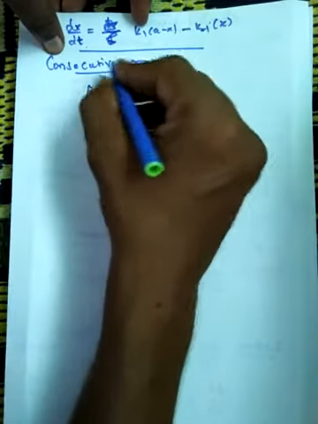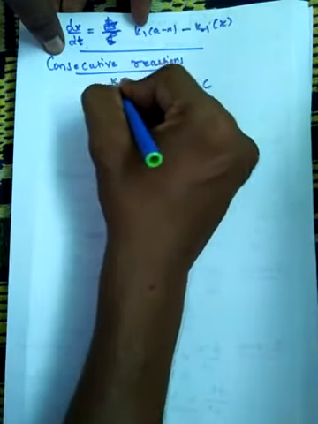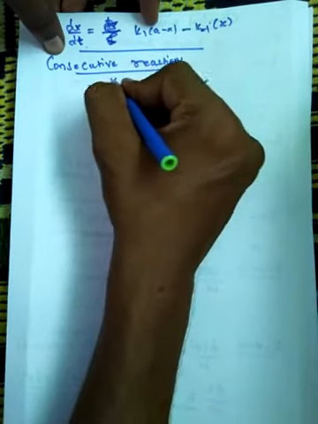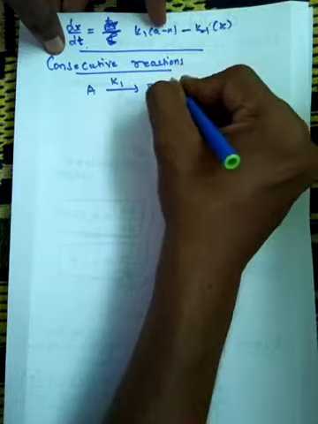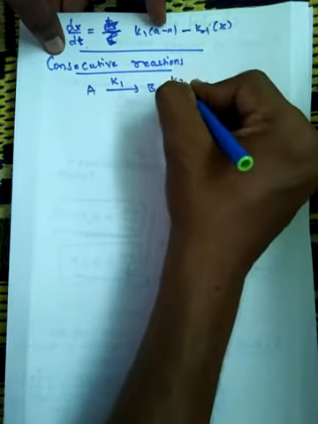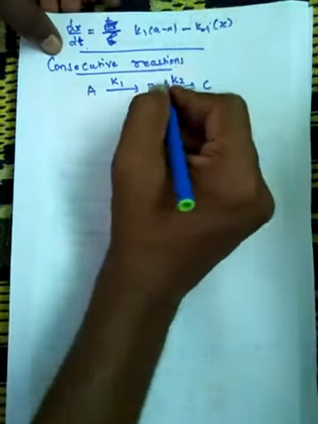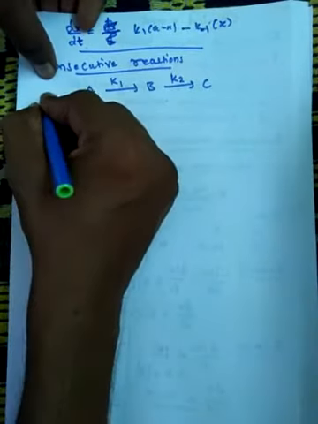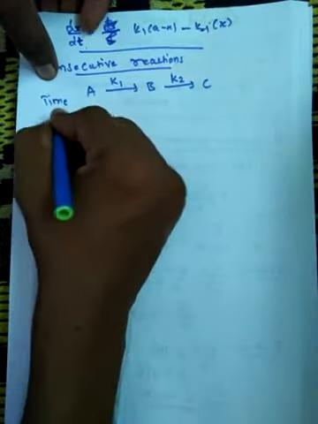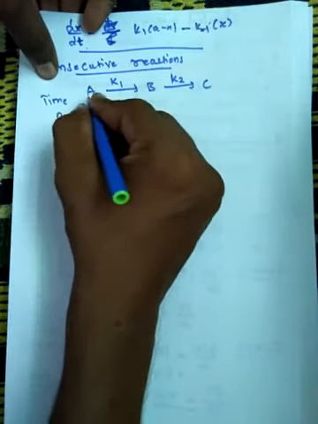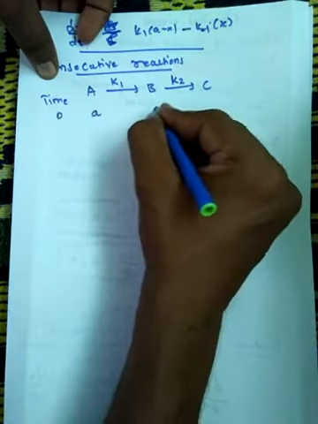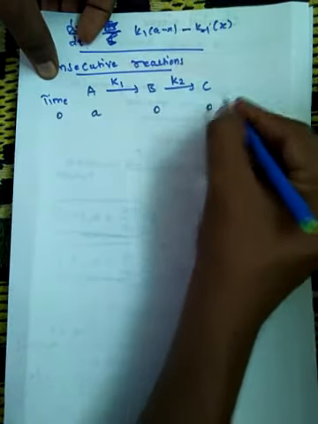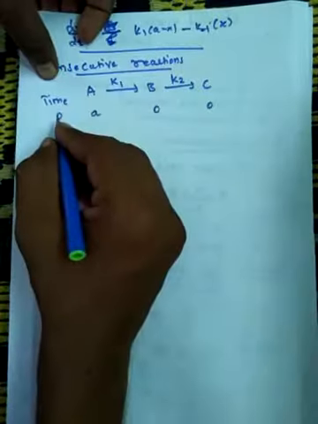Here I have written two steps. For the first step, let me write the rate constant is K1, and for the second step the rate constant is, let me say, K2. At time 0, let me say the initial concentration of the reactant is A, and the concentration of B is 0, and the concentration of product C is also 0.